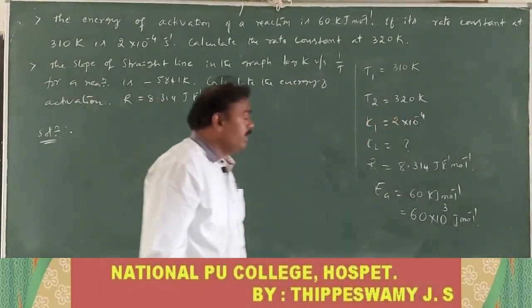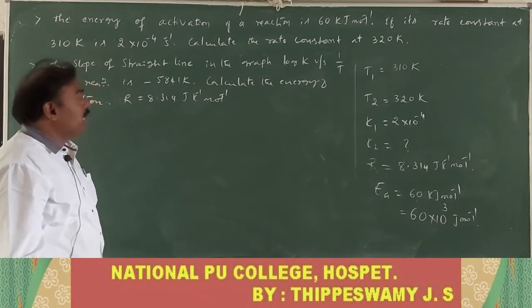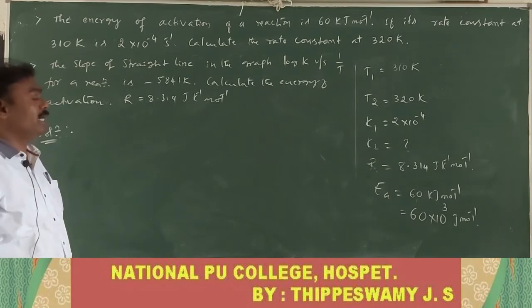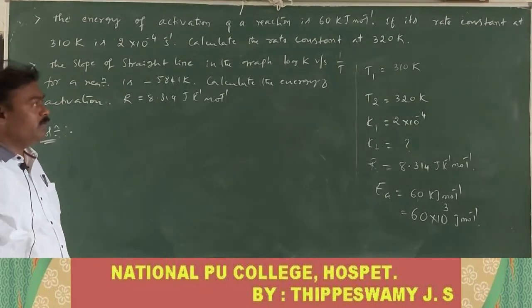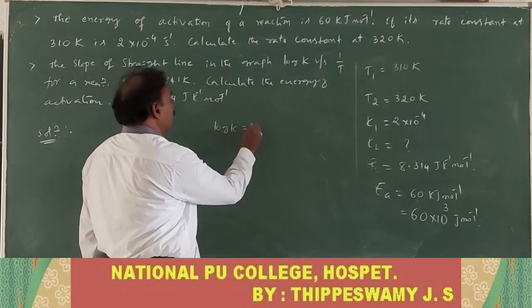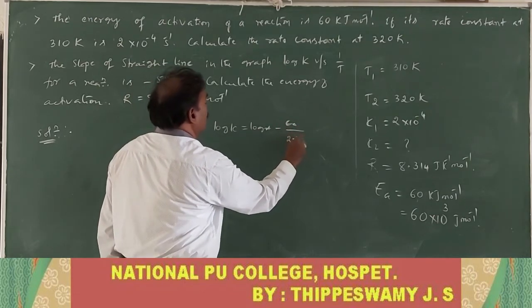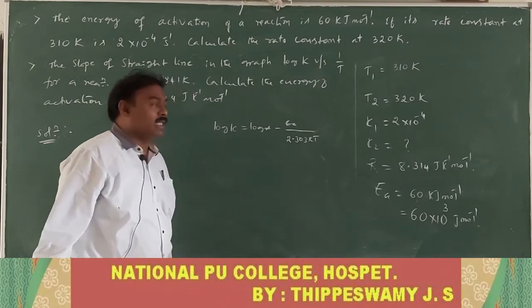Now, based on a graph, we can also calculate the energy of activation by using the slope of the straight line. We have already discussed the Arrhenius equation, log K is equal to log A minus EA divided by 2.303 RT.